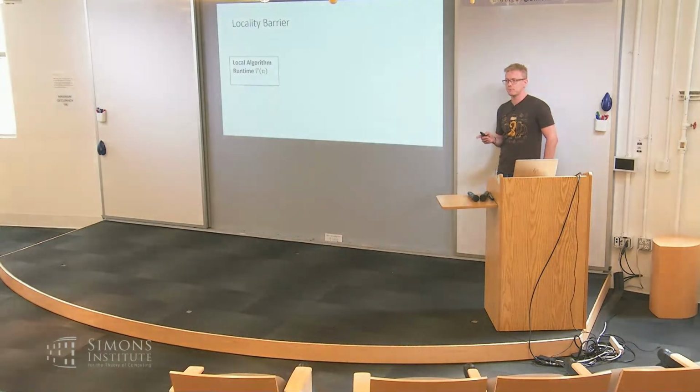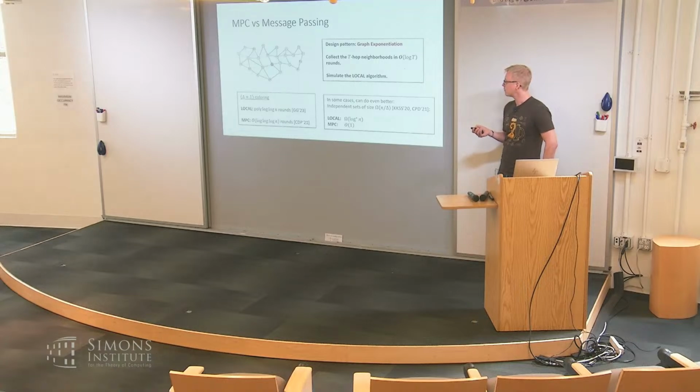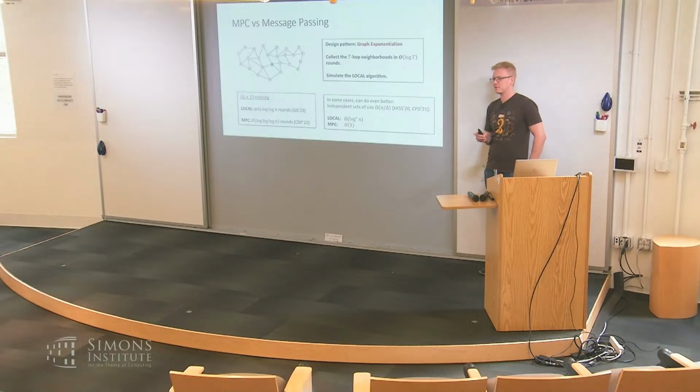But we actually found an LCL problem, on bounded degree graphs, where public randomness helps. I just want to check: is the only gap that in MPC you can share your randomness and in local you cannot? But you're saying 1 over delta you cannot do in local even with public randomness. Okay, anyway, I think you are saying exactly the right thing.